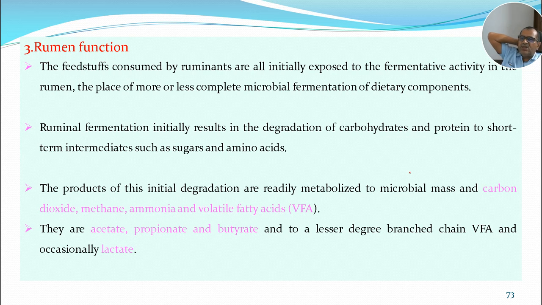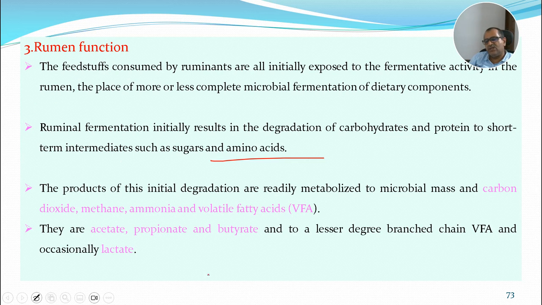Hence, the ruminal function is contributed by both the sympathetic and parasympathetic nervous systems. Then the fermentation initially results in the degradation of carbohydrates and proteins into short-term intermediates such as simple sugars and amino acids. Ultimately, these are the products.